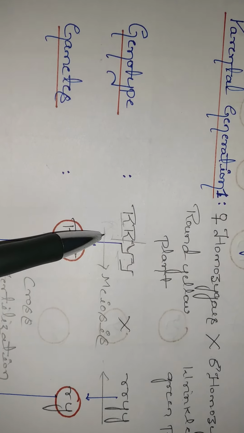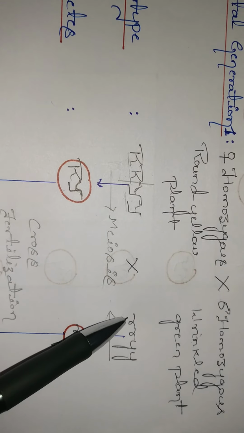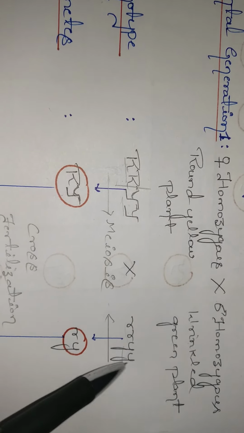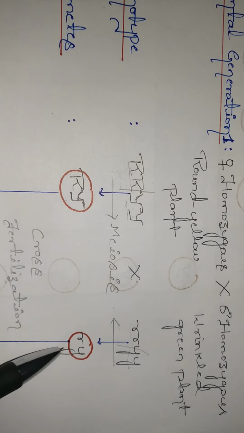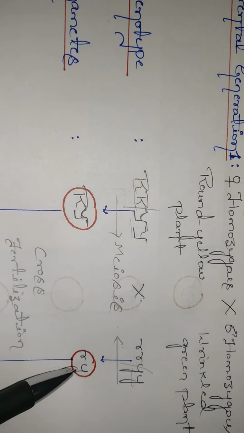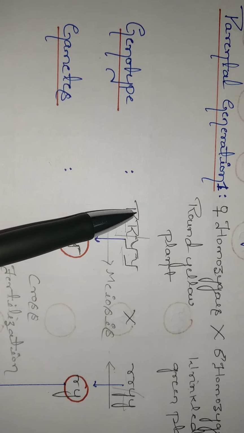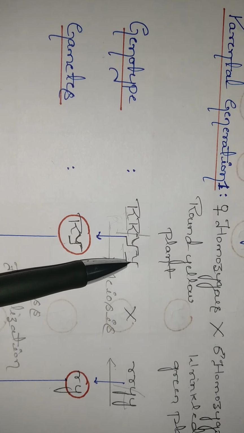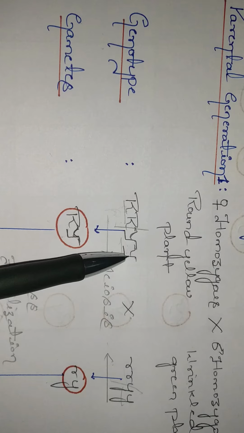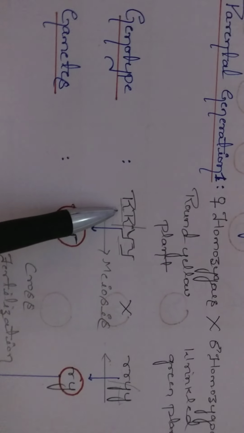Here comes capital R and capital Y. In the same way in the recessive character, this is a different character, and this is a different character, such that small r and small y are selected, and they form the gametes over here. Carefully observe how the two characters are mixed, and how the two characters play their role by themselves.